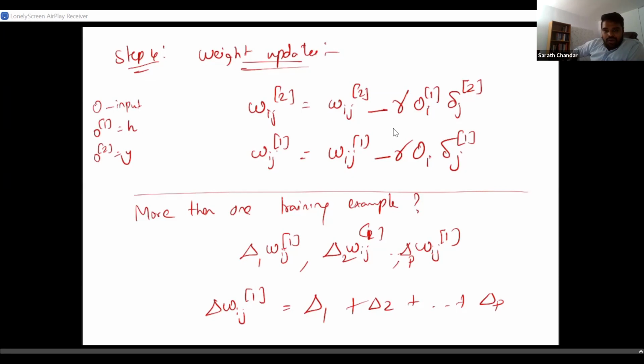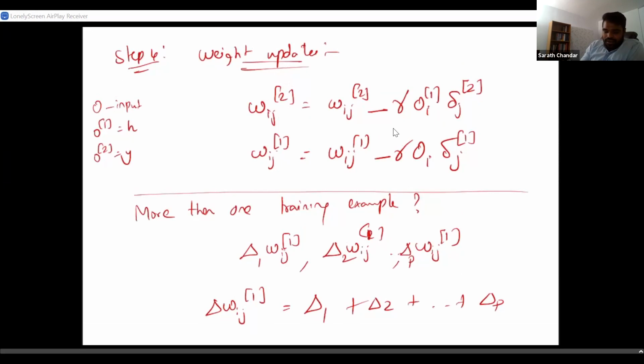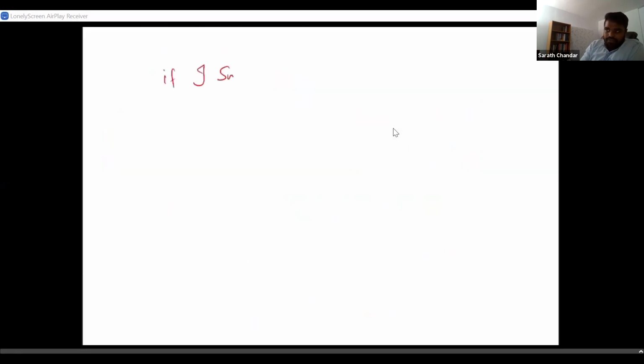So if I sum all these gradients and then do a gradient update, what is it? If I sum all example gradients, it's not stochastic.